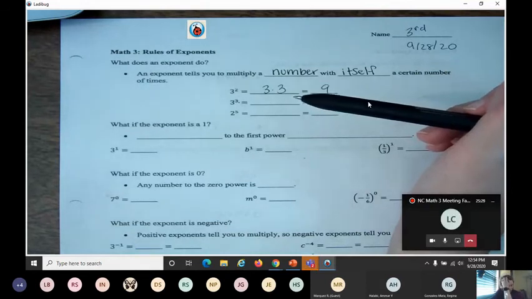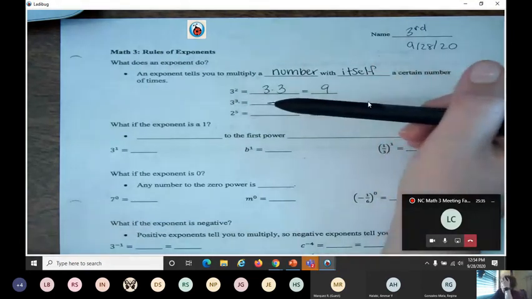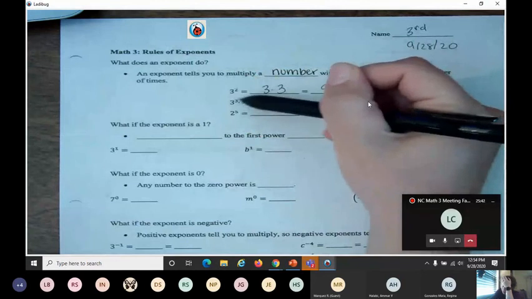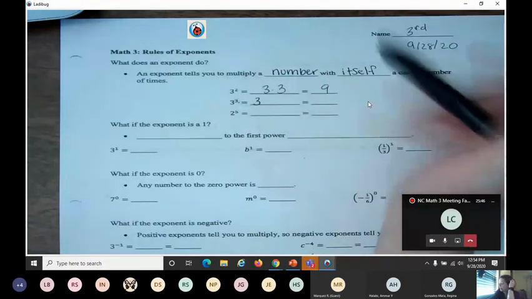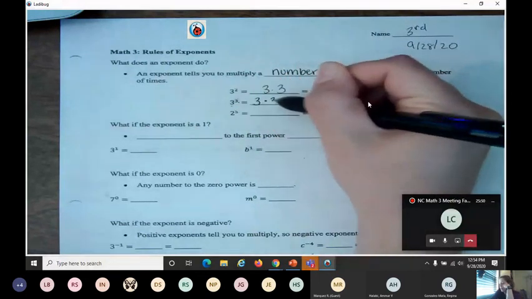Lizbeth, are you there? Yes. Okay, so what's the base of this? What's the big number? 3. Yeah, so we're going to put 3 here. And then what's the number in the exponent, the tiny number? 3. Yeah, so that means I'm going to take 3 and multiply it 3 times.